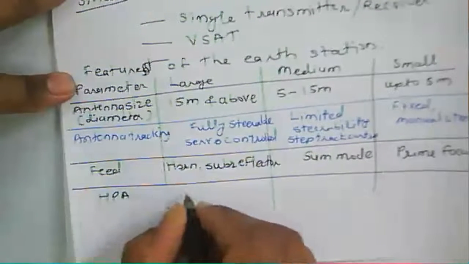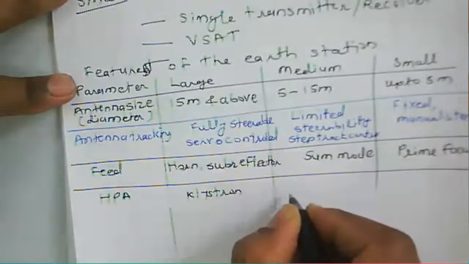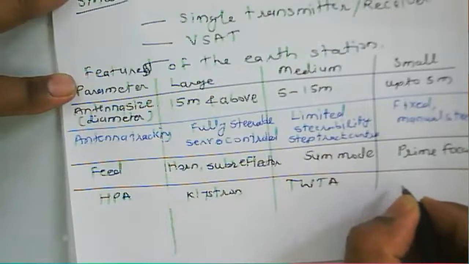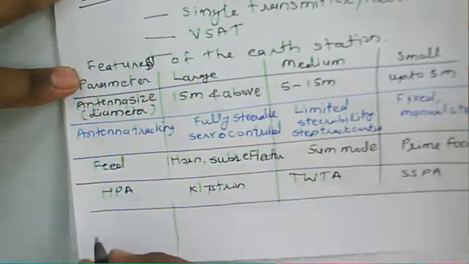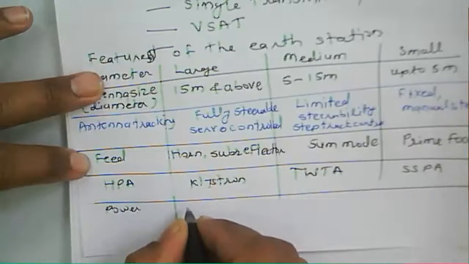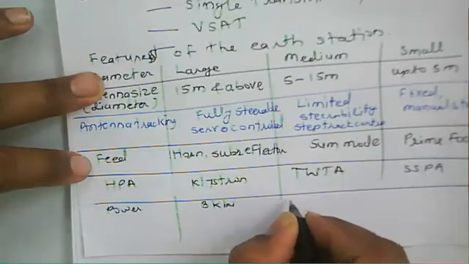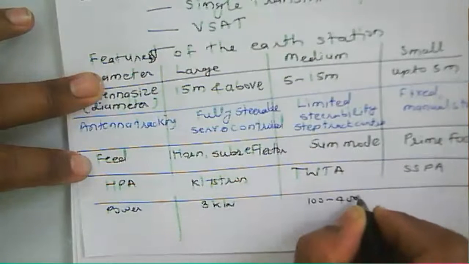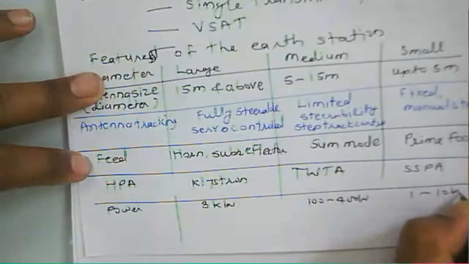Then the high power amplifier used will be a klystron, then a traveling wave tube amplifier, then a solid state power amplifier. Then the power is 3 kilowatt, then 100 to 400 watt, then 1 to 10 watt.